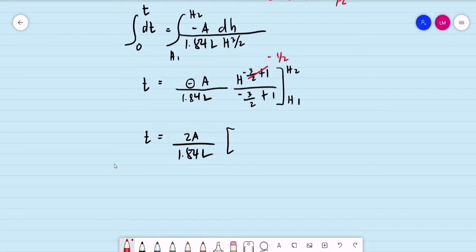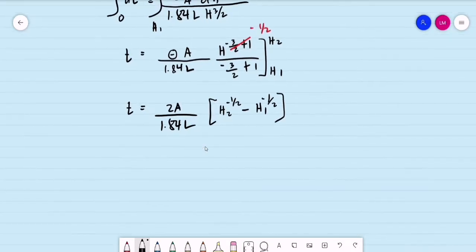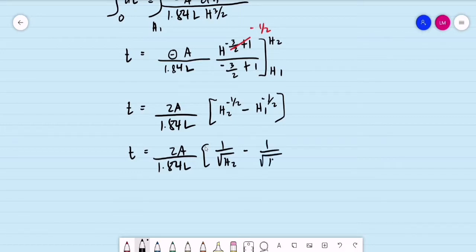So we'll be having the final head raised to negative 1/2 minus the initial head raised to negative 1/2. Kung sisimplify pa natin ito, the time is equal to twice the area divided by 1.84 L, multiplied by, para mag-positive yung exponent, 1 over the square root of the final head minus 1 over the square root of the initial head.